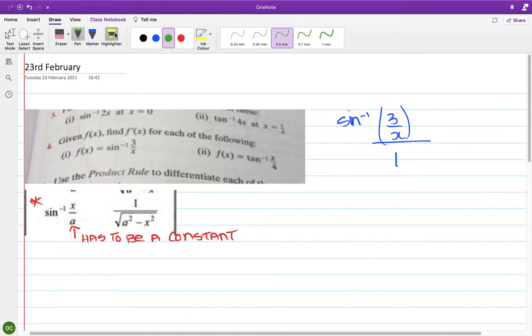So then your x is 3 over x, and your a is now a constant, it's 1. Okay, so that's what you have to do anytime the denominator is not a constant. Okay?